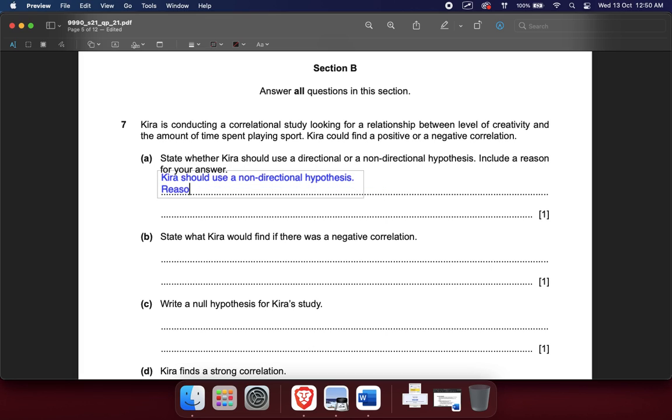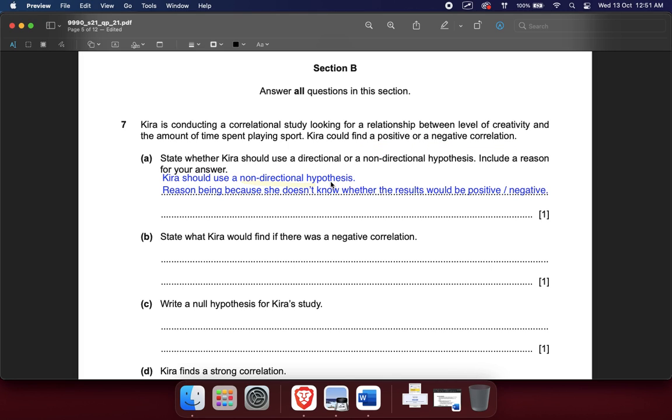Reason being because she doesn't know whether the results would be positive or negative. Okay, so because she doesn't know whether she's going to find positive or negative correlation, therefore she should use a non-directional hypothesis, right?